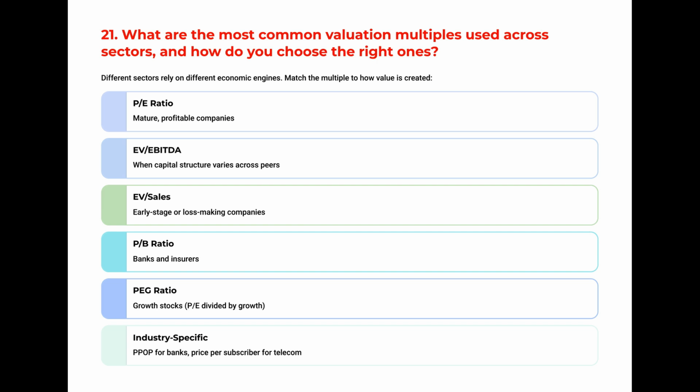Common multiples include price to earnings, suitable for mature, profitable companies; EV to EBITDA, used when capital structure varies across peers; EV to sales, useful for early-stage or loss-making companies; price to book, often used in banks and insurers; PEG ratio, PE divided by growth, used for growth stocks; industry-specific multiples, such as PPOP, pre-provision operating profit for banks, or price per subscriber in telecom. You choose the multiple that best reflects how investors compare businesses in that industry.